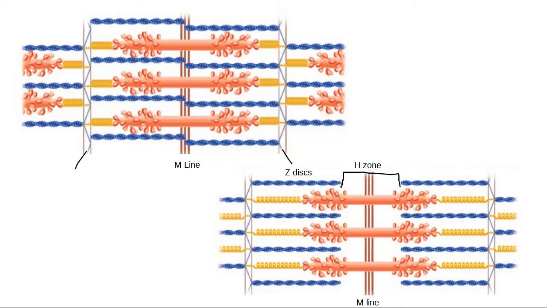But there's also the thick filament myosin, and there are parts of the thick filament that also overlap with actin, so we can see that here. And that area, including the overlap, from the beginning of myosin to the end of myosin, this whole space here is what we call the A band.